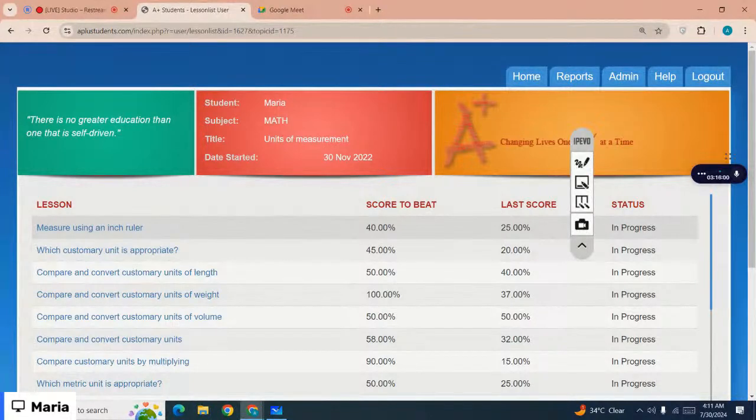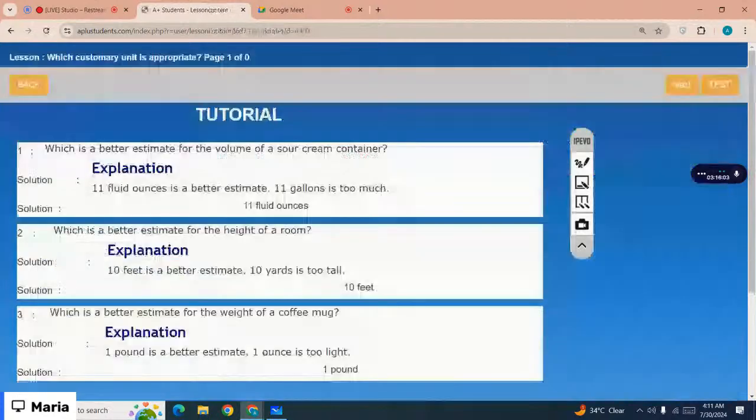The next lesson is which customary unit is appropriate. Let's start with it.